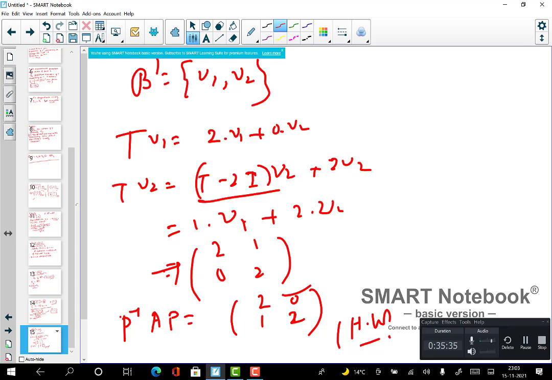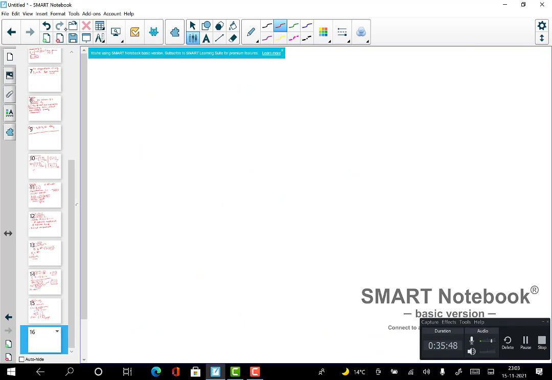So for such a small basis, it is okay, right? Now if you have something bigger, for example, a general eigenspace of dimension p, then what can you do?